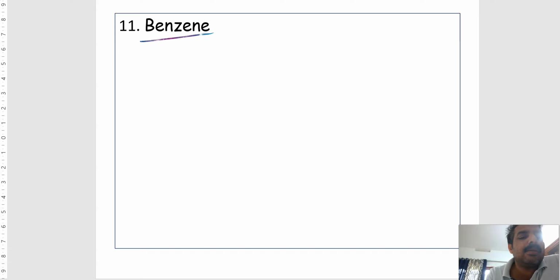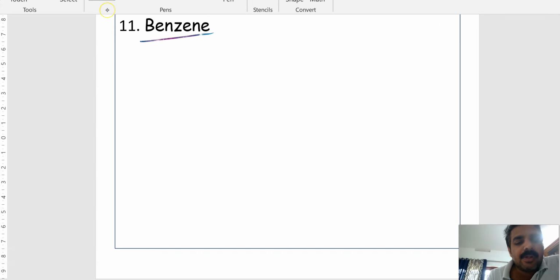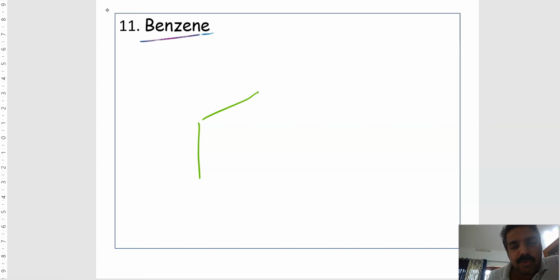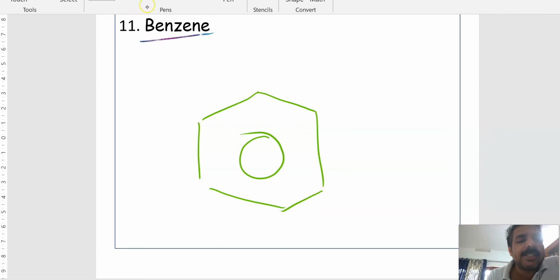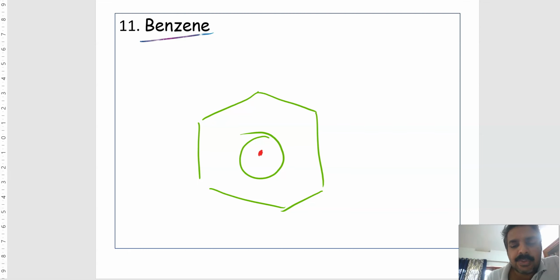Next is benzene. Benzene is also very simple. This is benzene. And what is the highest rotation axis? Of course, an axis passing through the center of the benzene and perpendicular to this plane, and that is a C6 axis. C6 is the highest order rotation axis of benzene.